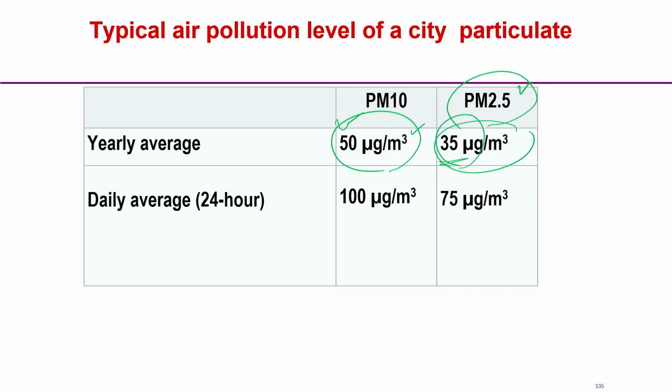The daily average can go maximum up to 100 microgram per cubic meter for PM 10 and 75 for PM 2.5. In certain seasons, like monsoon, and in windy zones, the particles get settled, so PM 2.5 will be less.